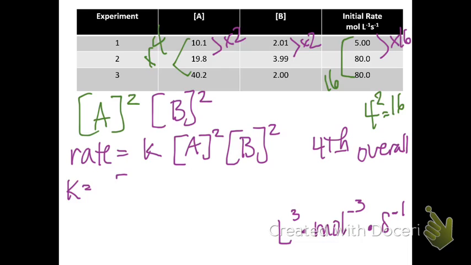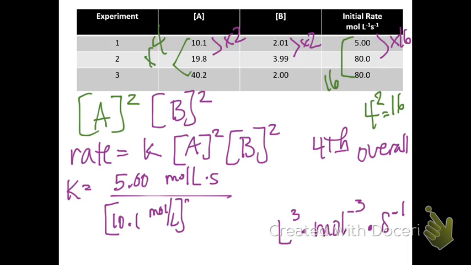So it's going to be, again, I just picked the top one because it's easier. Oh, that's just 5. I'm so used to writing 10 times the negative on things, and I didn't realize that's just 5. And that's moles per liter times second, divided by 10.1 moles per liter squared and 2.01 mole per liter, and then that's squared.